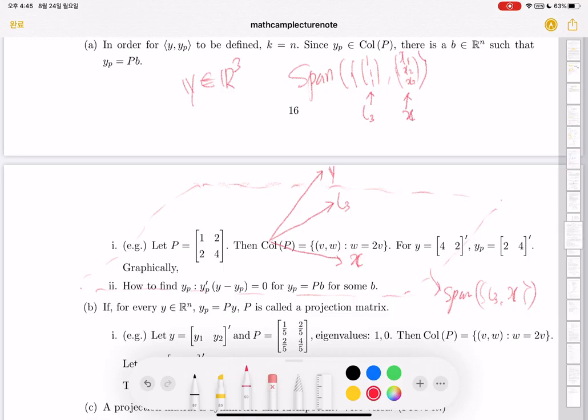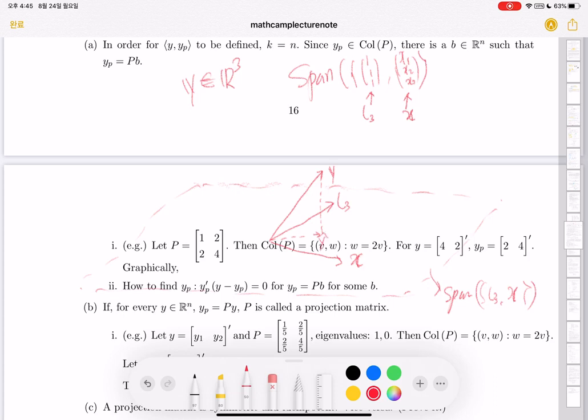Then consider a projection of y onto this space. Okay, y onto this space. So the projection of y onto this space, I'm going to call this y hat, is this y hat.